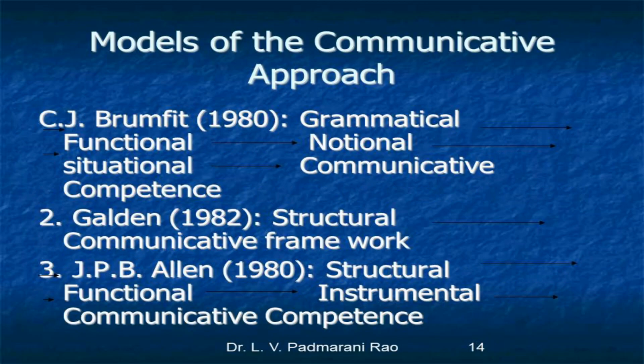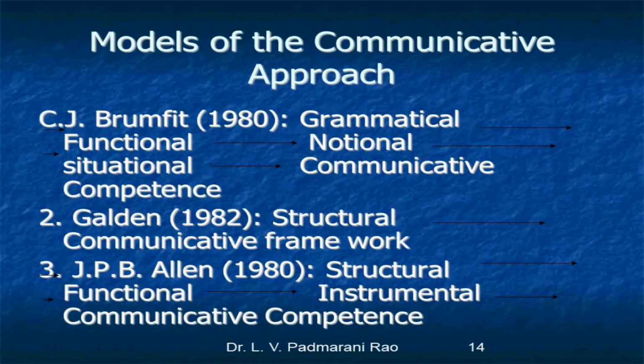C.J. Brumfit in 1980 has given grammatical importance first, followed by the functions, and then notions, and then situations, to achieve the communicative competence. Whereas Galden's syllabus of the communicative approach that he presented in 1982 has given importance, number one, to structural, followed by the communicative framework.